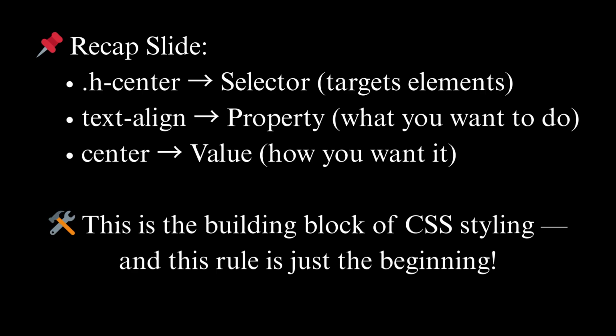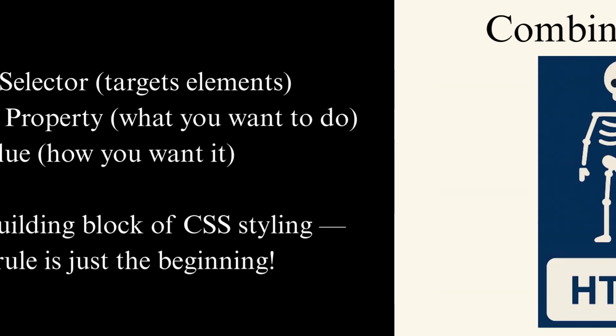Recap slide: dot h hyphen center is the selector that targets elements, text hyphen align is the property, what you want to do, and center is the value, how you want it. These are the building blocks of CSS styling, and this rule is just the beginning.